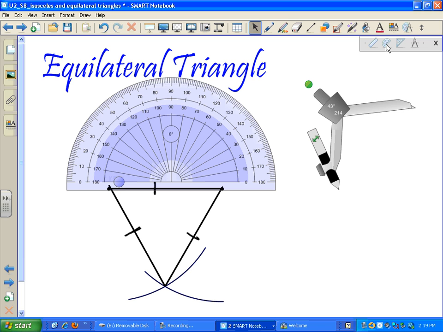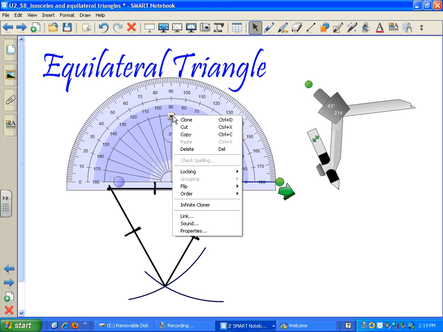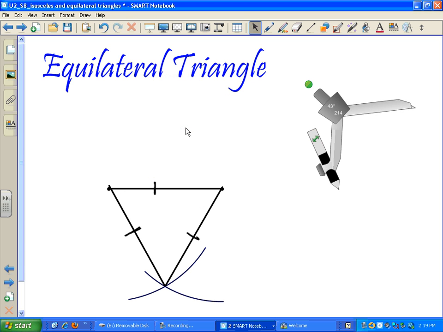If they're all the same side lengths, then don't we know that all the angle measurements also have to be the same? There's not one that's larger or smaller. And since a triangle adds up to 180 degrees, we know all the angles are going to be the same, which makes each of those angles 60 degrees.